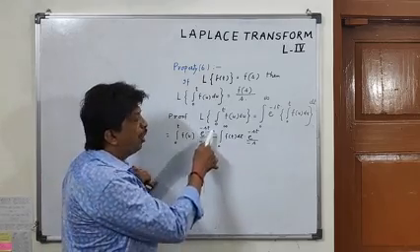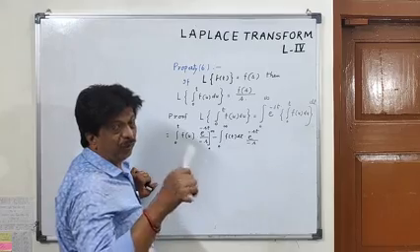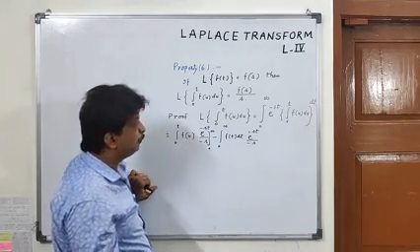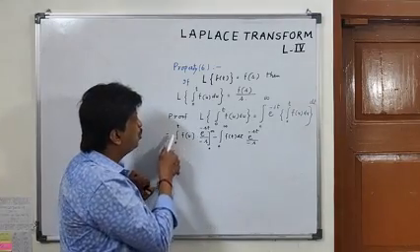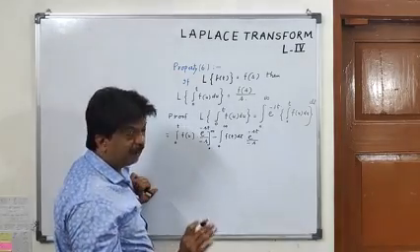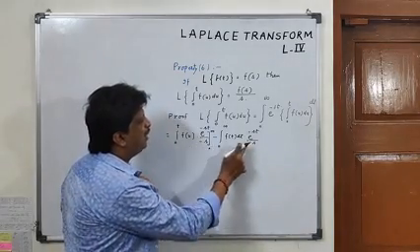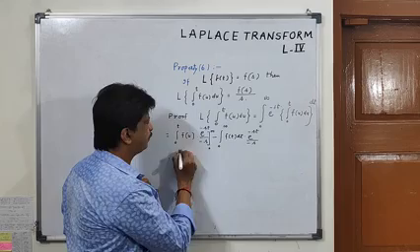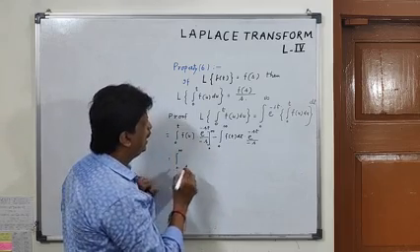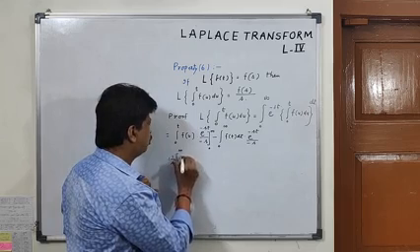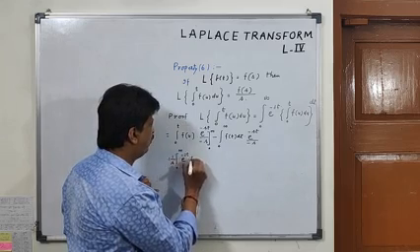So for t equal to infinity, e raised to power minus infinity is 0. So for upper limit its value is 0. For the lower limit t equal to 0, integral 0 to 0 is 0. So first term is 0. This minus minus plus. So this is equal to integral 0 to infinity e raised to power minus st into f of t, divided by s.